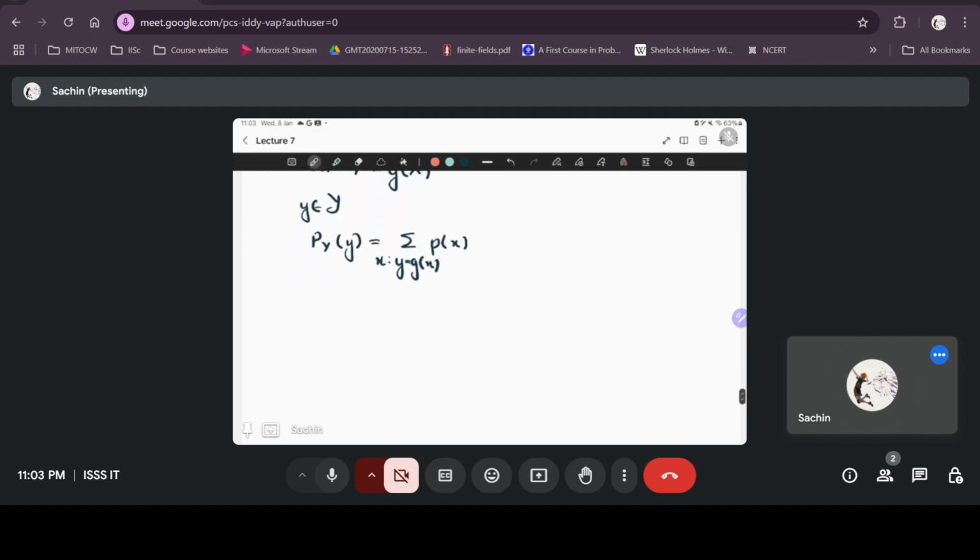Now consider all x's that are mapped to the same y.